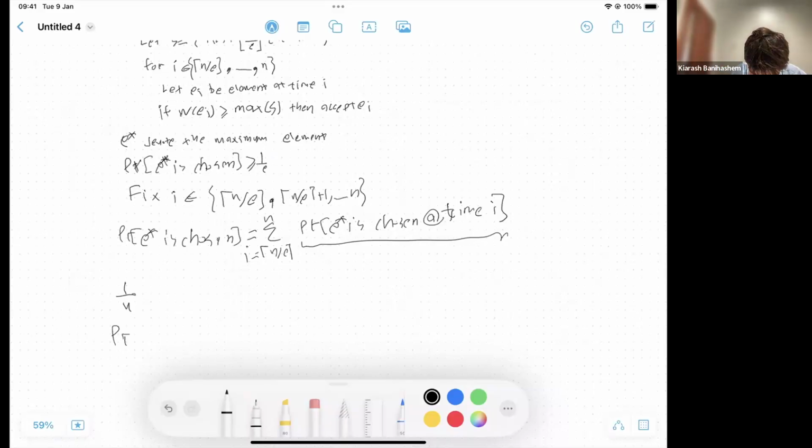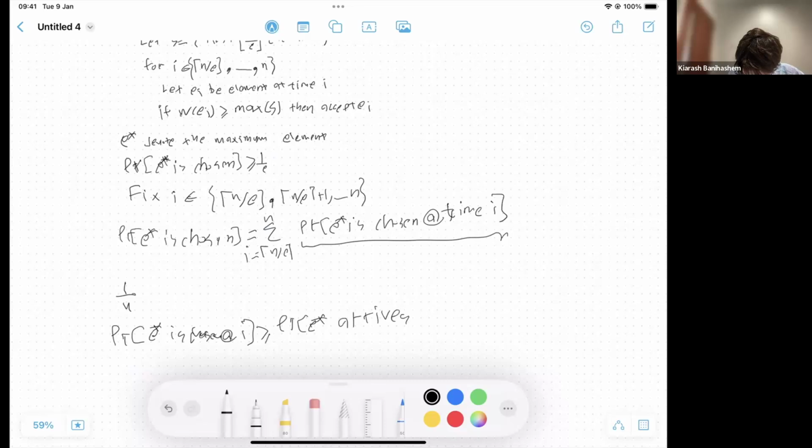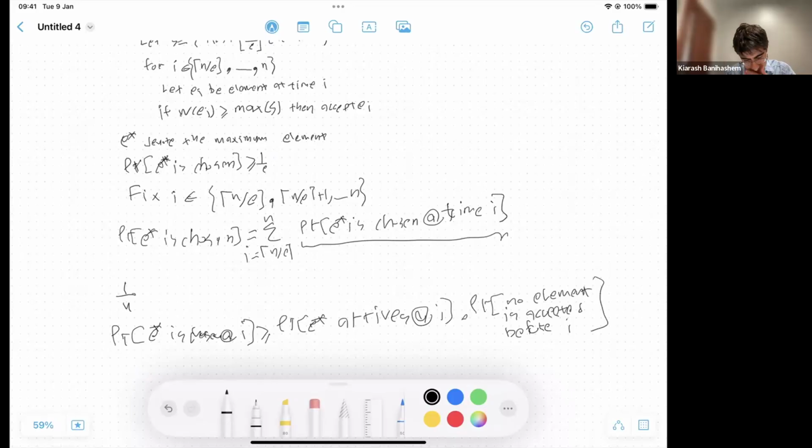So, just to recap, the probability that E star is chosen at time I is bigger or equal to the probability that E star arrives at time I, times the probability that no element is accepted before I. The first probability is just 1 over n. Now I'm going to discuss the second probability.